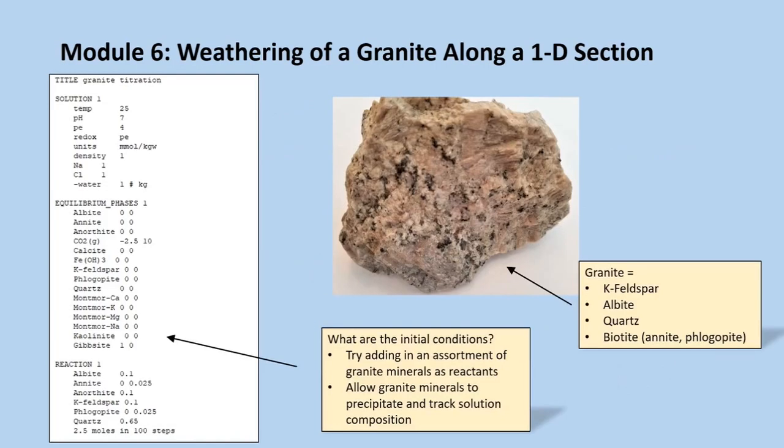So, as far as the granite is concerned, think of a sample of granite and its mineralogical composition. You'd expect to find some feldspars, such as potassium feldspar and sodium feldspar, for example, along with quartz and perhaps a little bit of biotite mica. Other minerals could be present, of course, but let's start with this set for now. What is a reasonable equilibrium composition of a groundwater that is in contact with this granite?